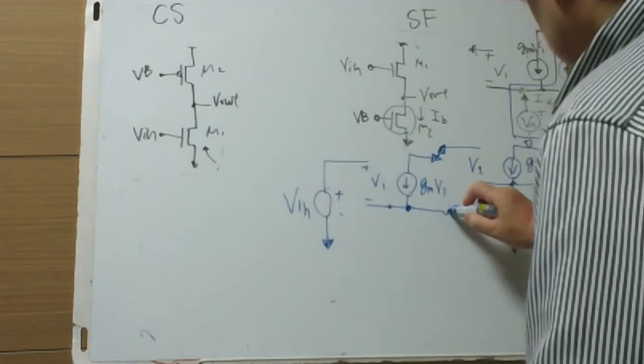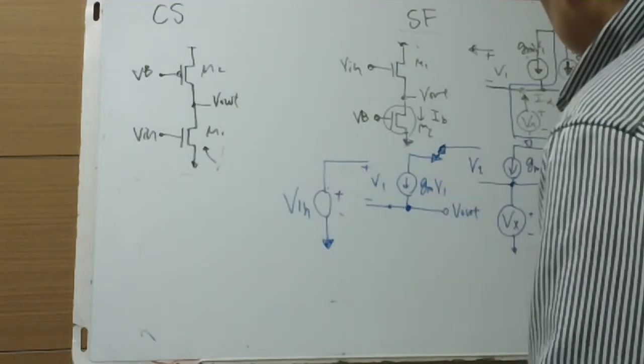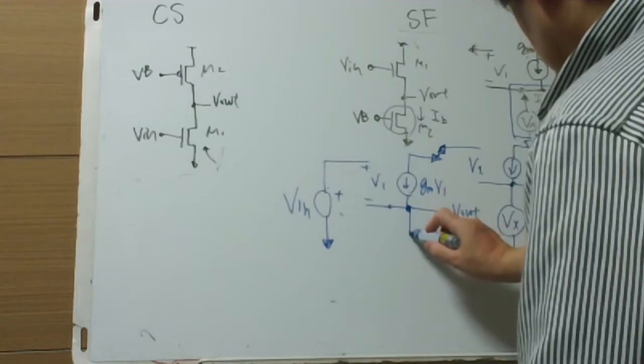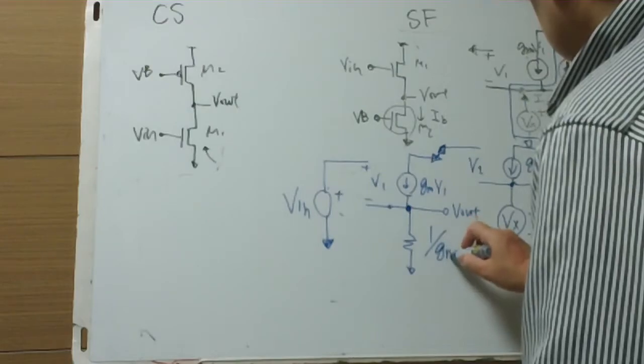This is the output Vout, and the first step is the equivalence of 1 over gmb.